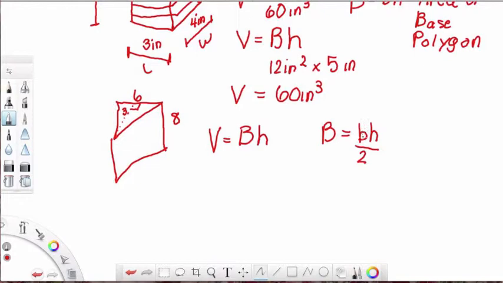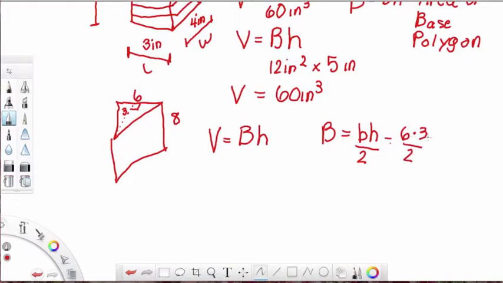See, when it was a rectangle, it was just base times height. That would have given us the area of our base polygon. But since this is a triangle, it's base times height divided by 2. And our base is 6. Our height is 3. And we want to divide that by 2.